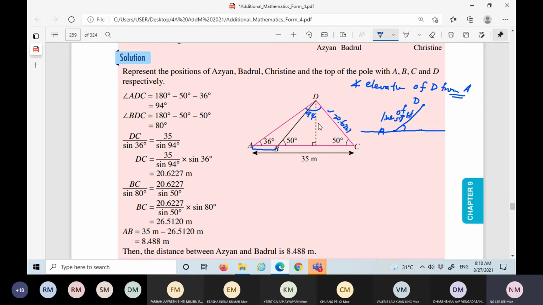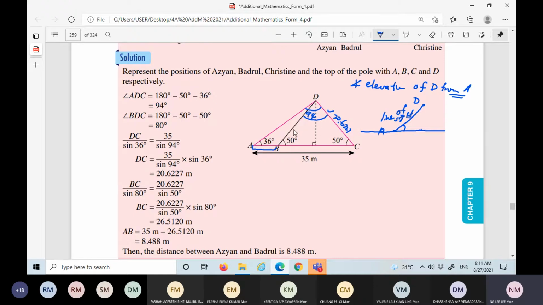But the question is asking for this. You see, this is an isosceles triangle, because here 50 degrees, here 50 degrees. If we follow the textbook method, they continue by finding BC, using this angle.